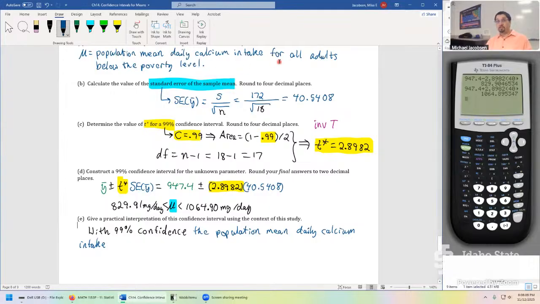For all adults below the poverty level, that's discussing now the relevant population that this study is all about. So we mentioned mu, and we just say once again it is between 829.91.